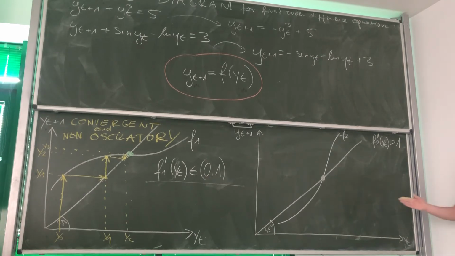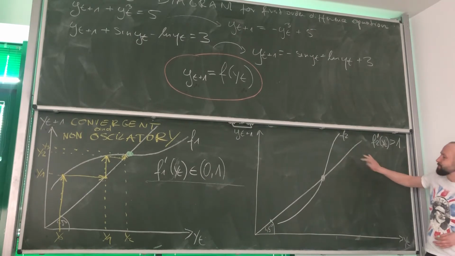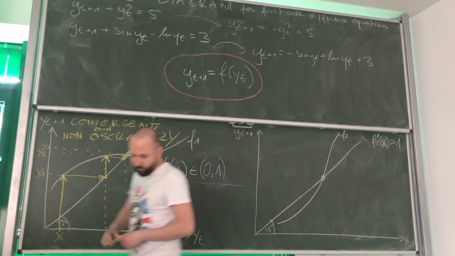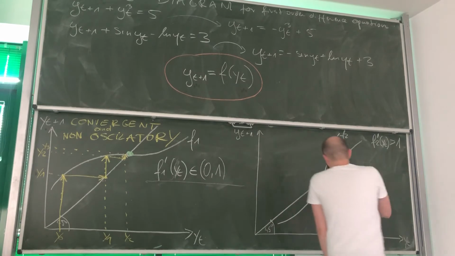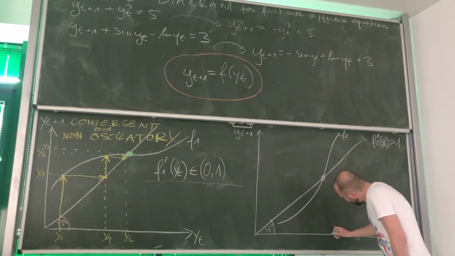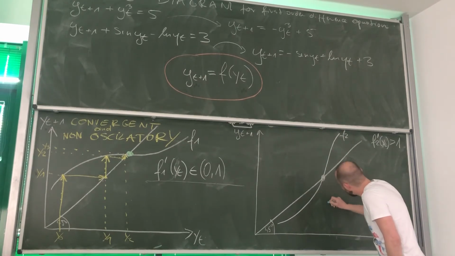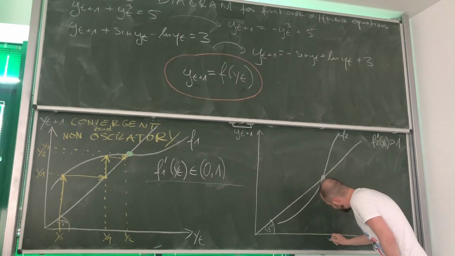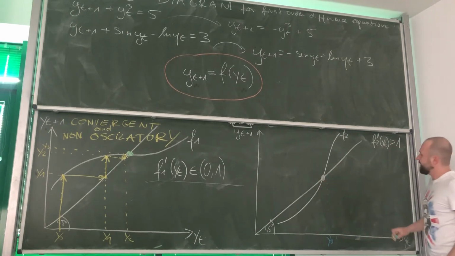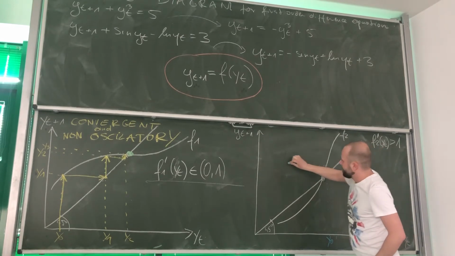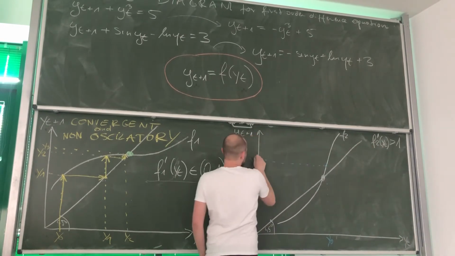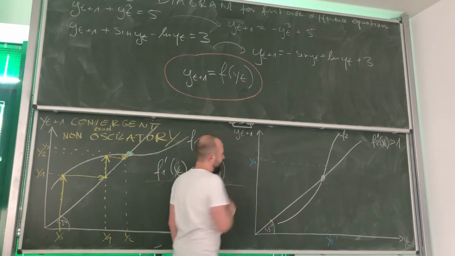Okay, let's see, however, what happens if the opposite is true. What if now this function is steeper than 1? Well, we can easily check it. Let me just change the color. Let's just say the value of y is y0. Now, from this function, I can read what is going to be y1.